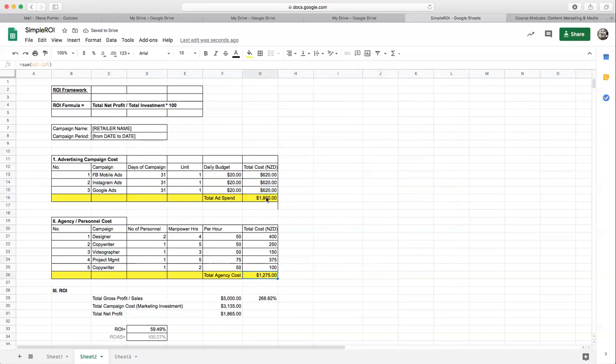Multiplying across, adding things like these two sections here, same again, equals sum of, and then we've got G16, and then plus, and this is just arrow keys to move these around, and G26, close bracket, press enter. That gives you your total cost across your advertising campaign and your personnel.